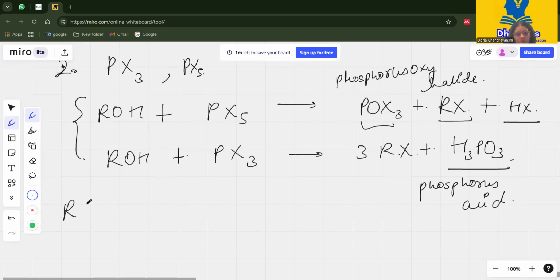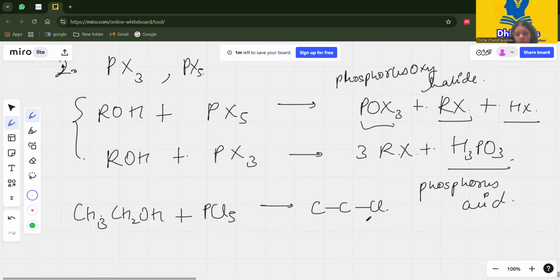So let's take CH3CH2OH with PCl5. What will I get? I will get chloroethane along with POCl3 along with HCl. Right? This is one example. I want you to try another one and see if you're getting it right.